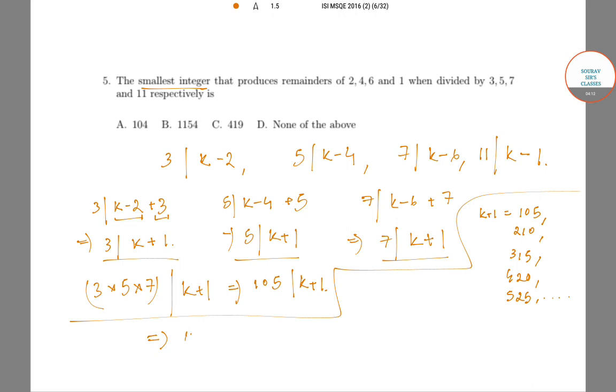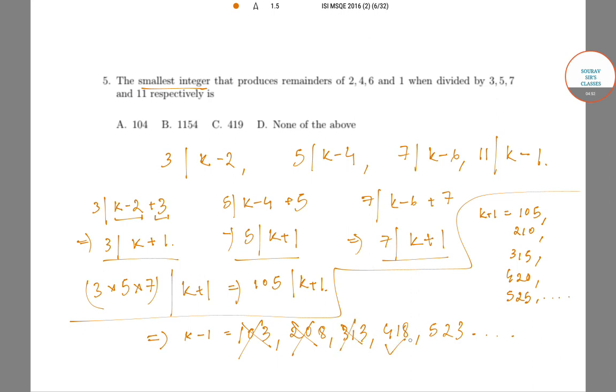So k − 1 is equal to 103, 208, 313, 418, 523, etc. Now checking divisibility by 11, 103 is not divisible by 11, so we can cross it out. 208 is not divisible by 11, again we cross it out. 313 is not divisible by 11, so we cross it out again.